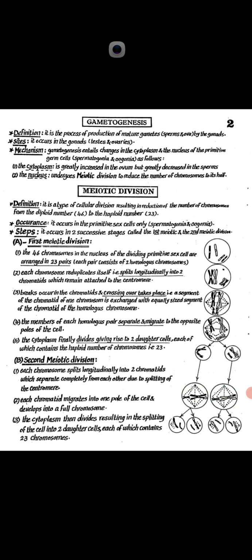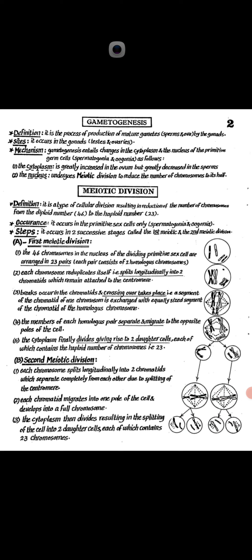Non-disjunction occurs in both first and second meiotic division. In first meiotic division the diploid number of chromosomes becomes haploid; from one cell, two cells are produced, and in second meiotic division, from one cell, four daughter cells are produced.